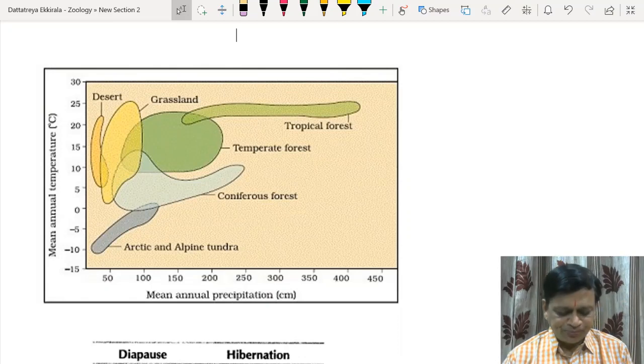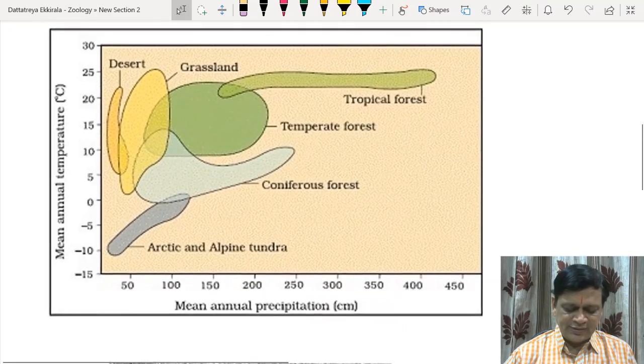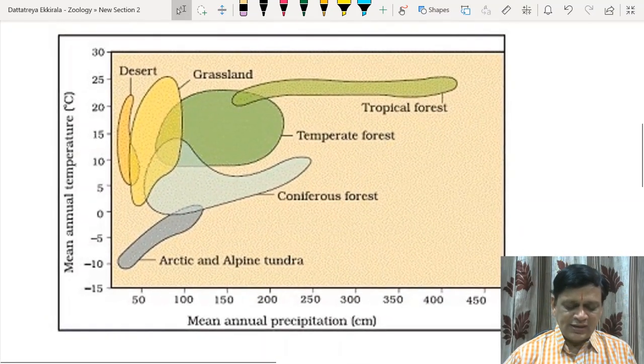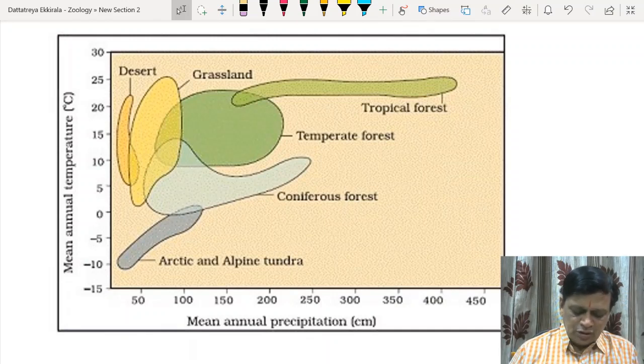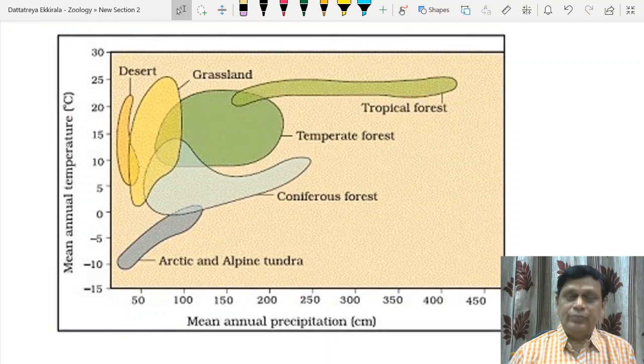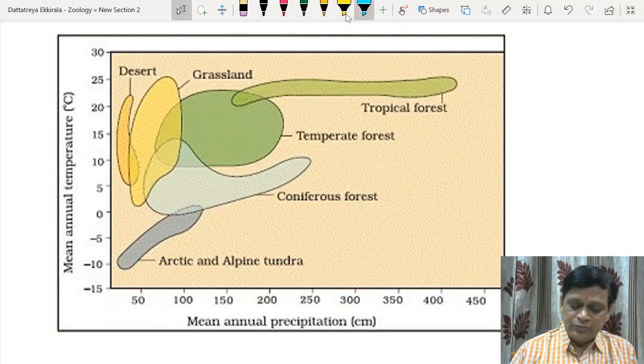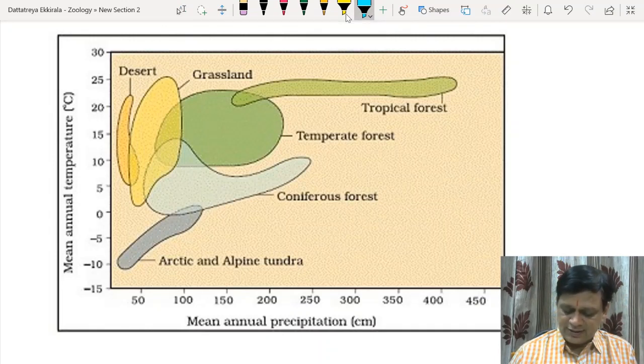Now, let us see this. So you once see this graph. On the x-axis, mean annual precipitation is taken. From this book, you should be able to make a way of highlighting the things. Right.